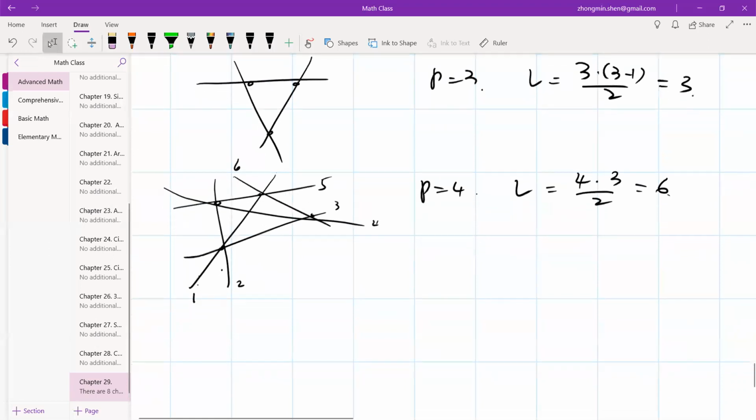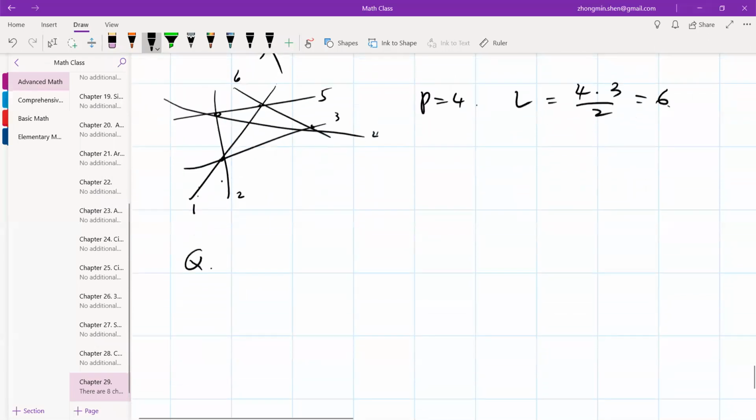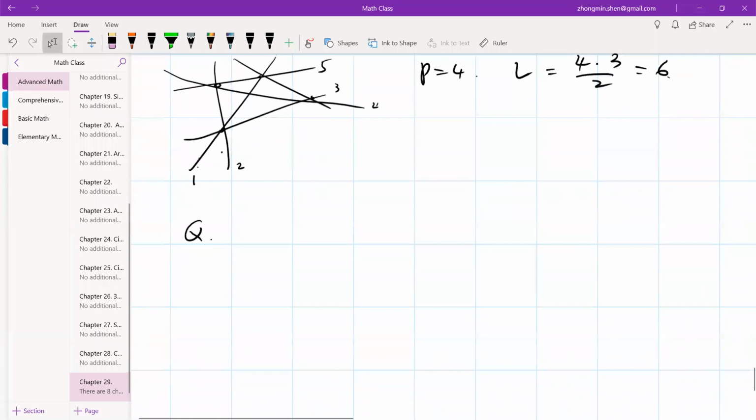The third formula I want to talk about is L lines determine how many regions in the plane.